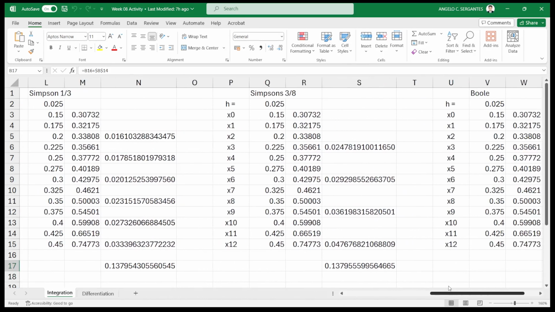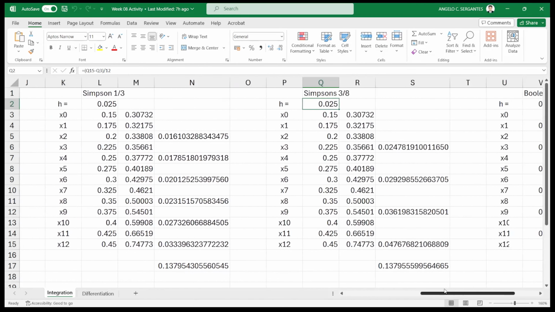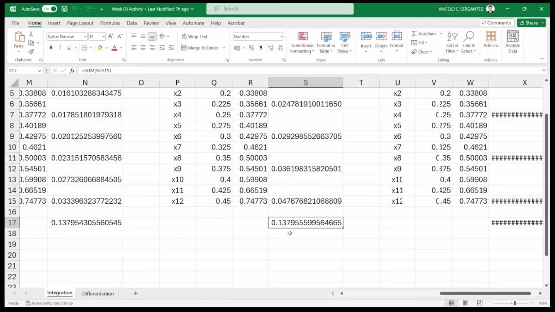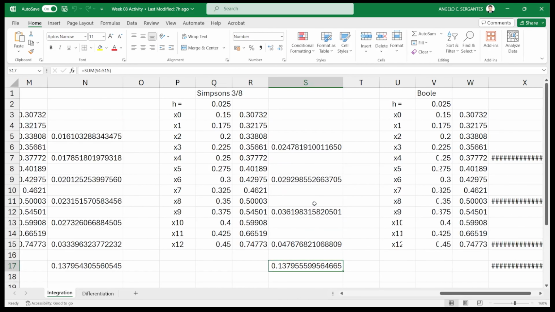As we showed here, this is the Simpson's 3/8 rule for that specific function, and the answer of 0.137955599564665 is also in this template.